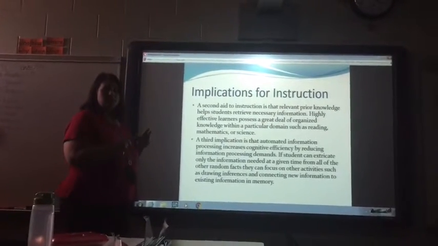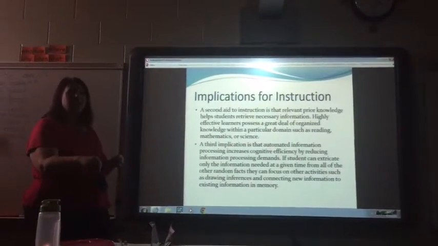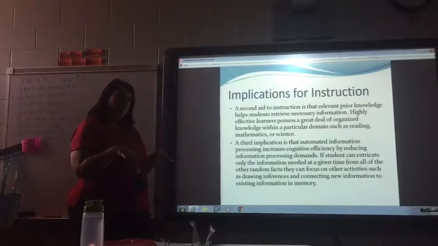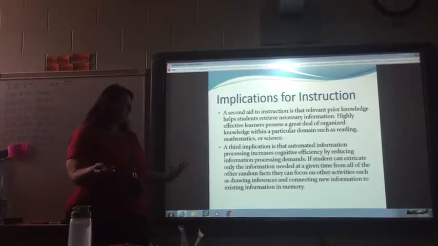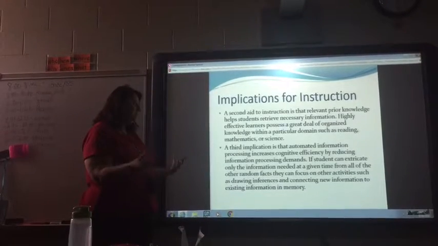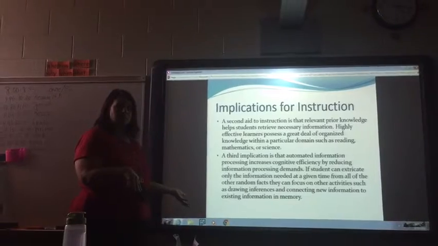If a student can extract only the information that they need right then at that time from all the other information and stimuli coming in, they can focus on other activities such as drawing inferences and connecting new information to existing information in memory.